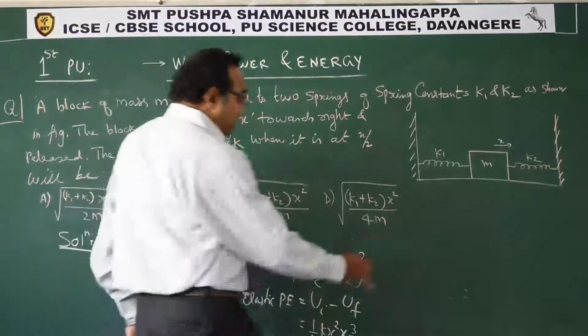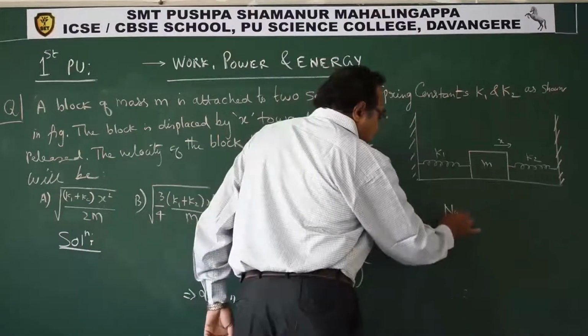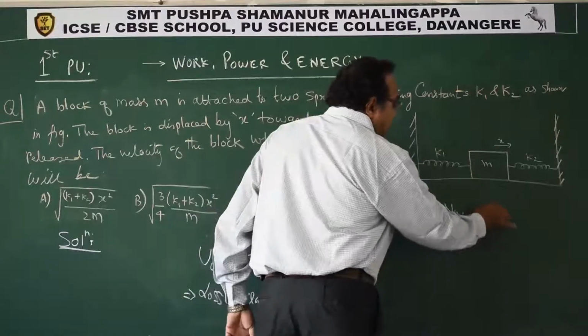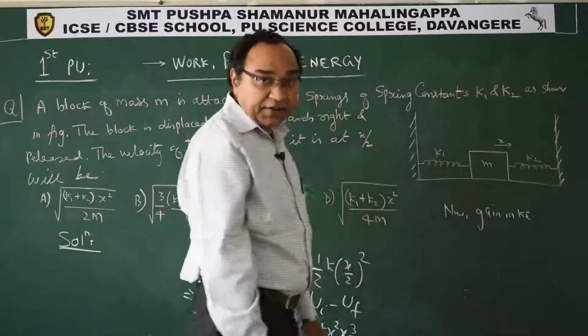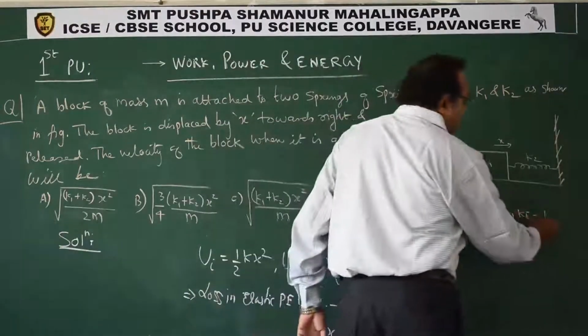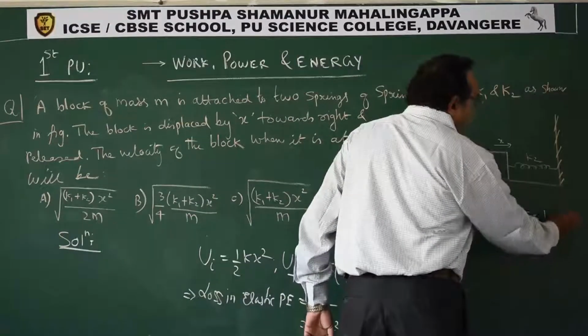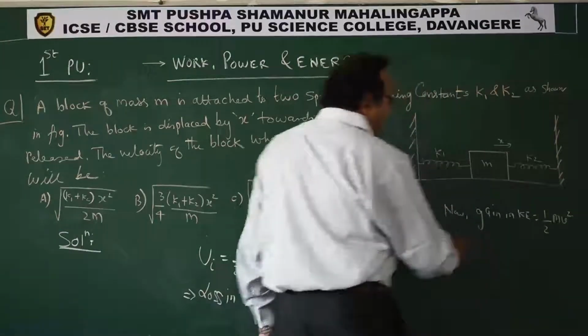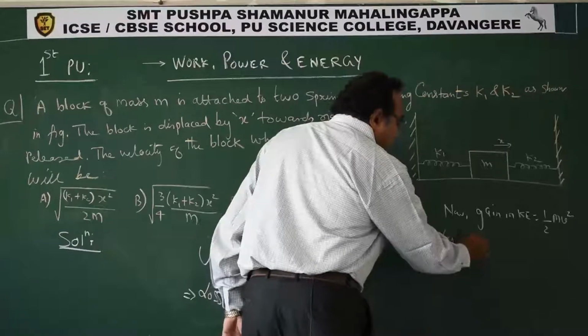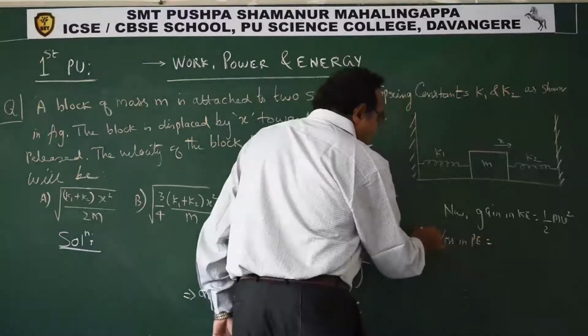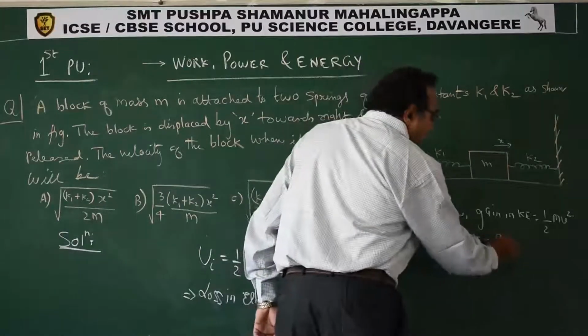So we have now gain in kinetic energy. First it was at rest. Now let us say it got half mv². So now the loss in potential energy should be equal to the gain in kinetic energy.